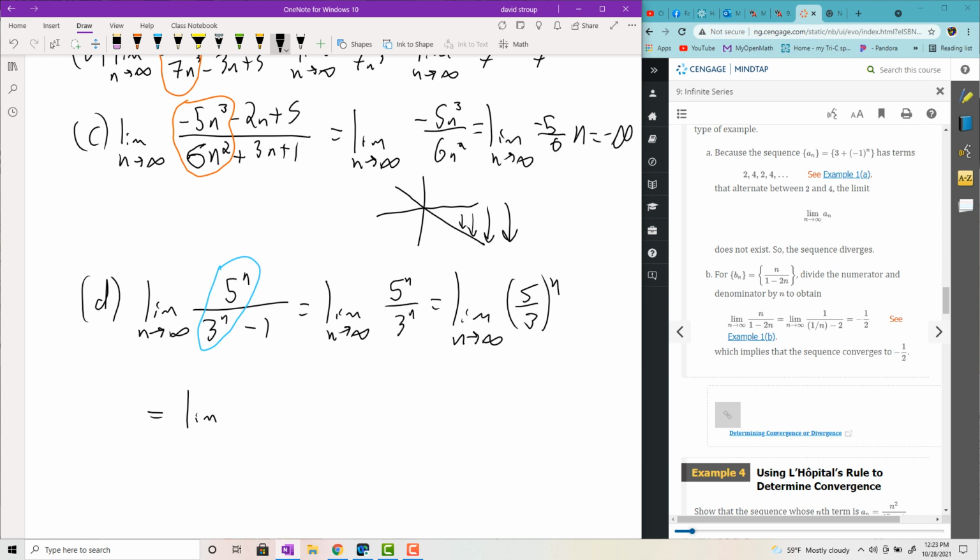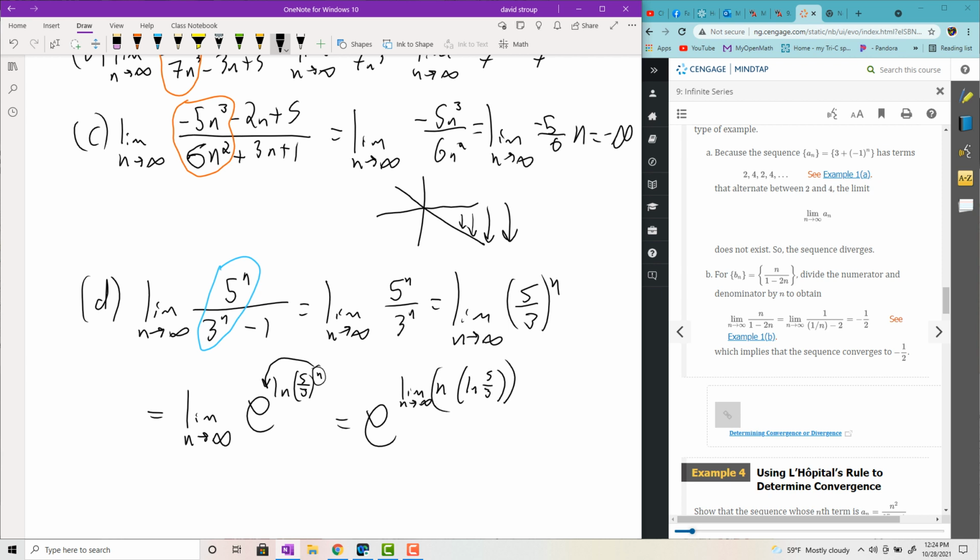But it would be something like the limit as n goes to infinity of e to the ln of 5/3 to the n, and then do a power rule on this, bring that right there, bring the limit into the exponent, so you'd get the limit as n goes to infinity of n times the ln of 5/3.